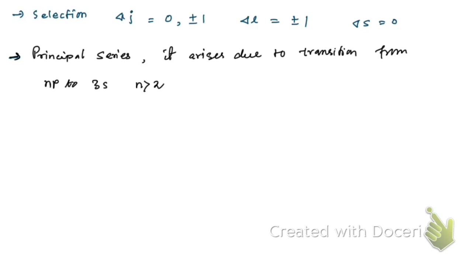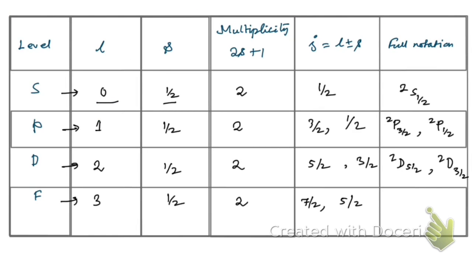So now for p orbital, here we have taken NP for p orbital. If you go back to the table, this value of L is 1 and S is half and multiplicity is 2, and here we're gonna get 2p 3 by 2 and 2p half, right?